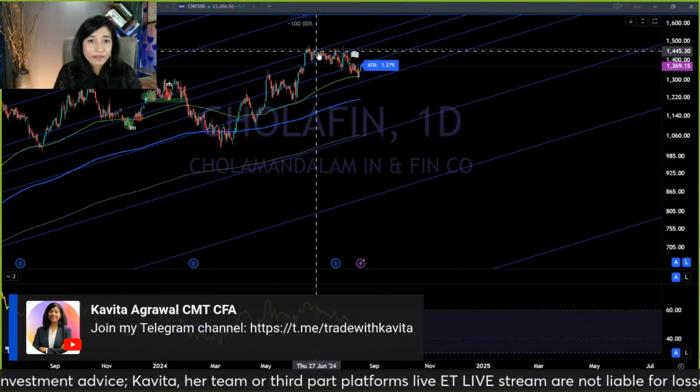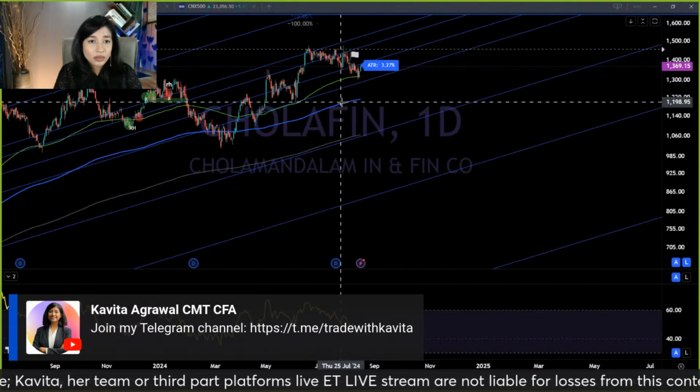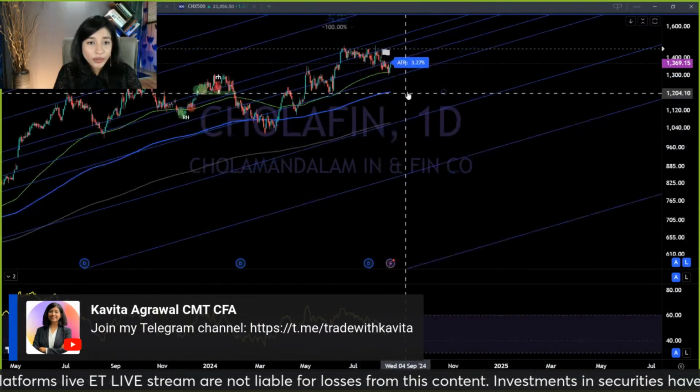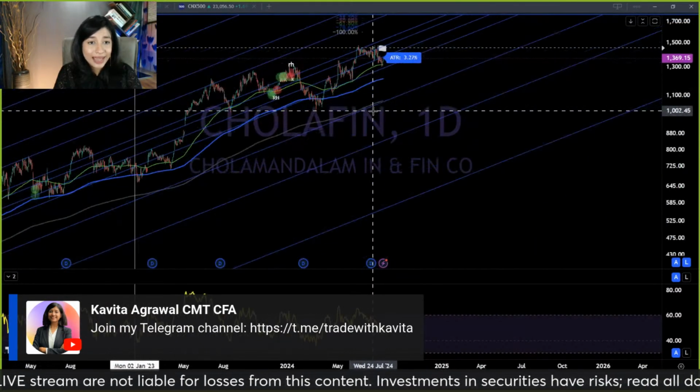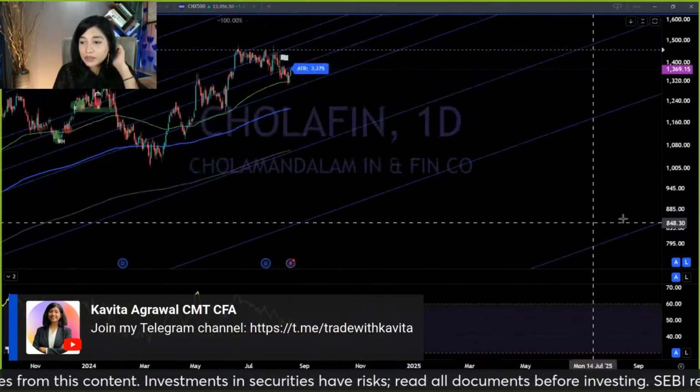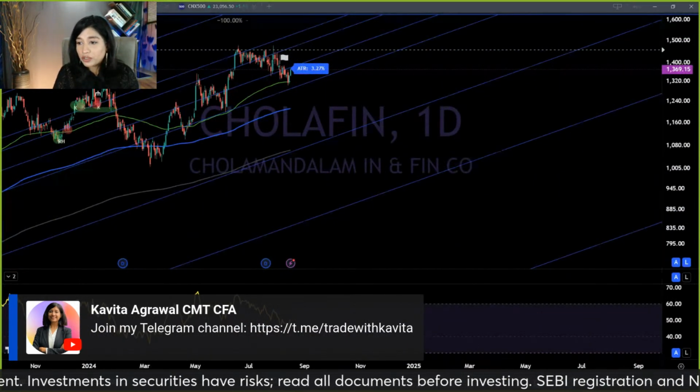I can see a five-wave uptrend, but not a very well defined bottom to make a fresh entry in yet on the stock. So I think I will avoid Chola Finance for the time being from a fresh entry perspective.